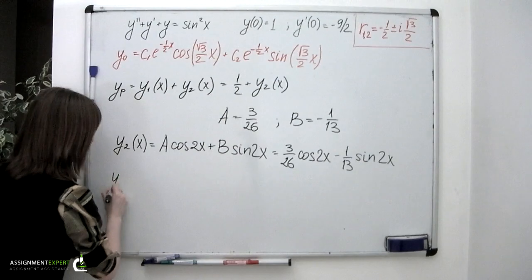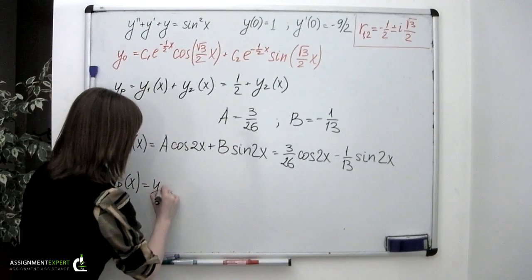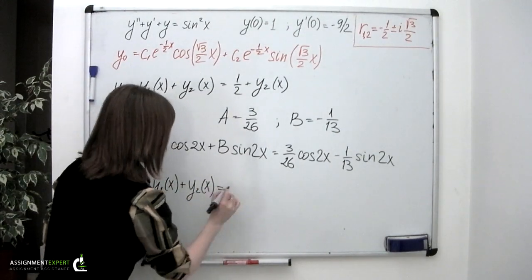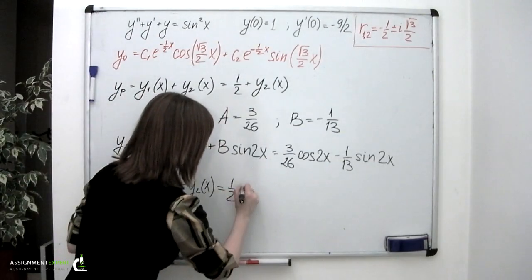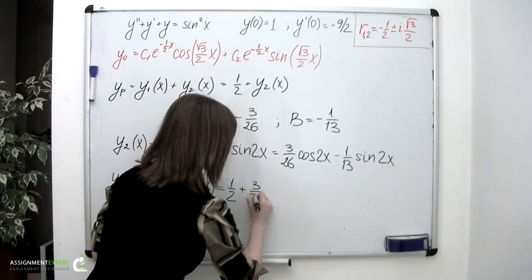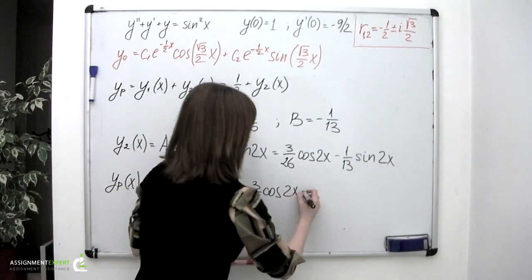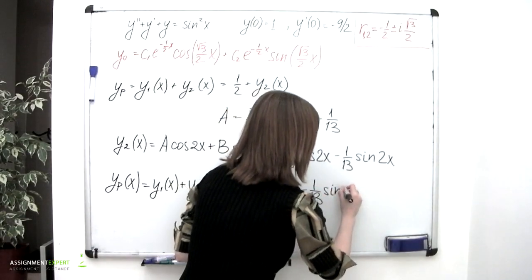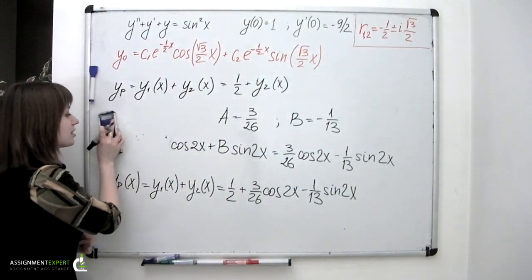So y sub p of x, which is equal to y sub 1 of x plus y sub 2 of x, is equal to 1/2, which we've found earlier, plus this expression right here, plus 3 over 26 times the cosine of 2x, and minus 1 over 13 times the sine of 2x. And that will be the end of the second step.